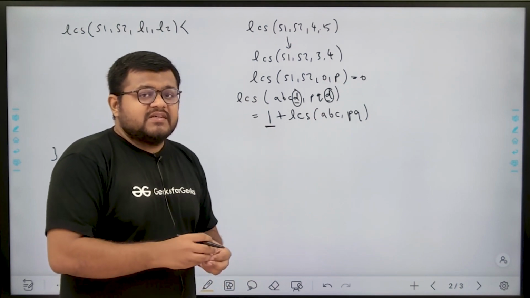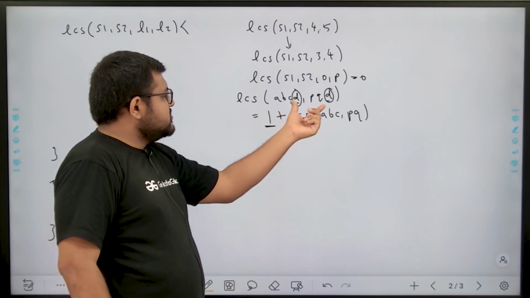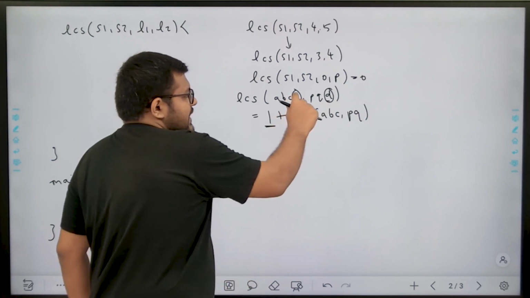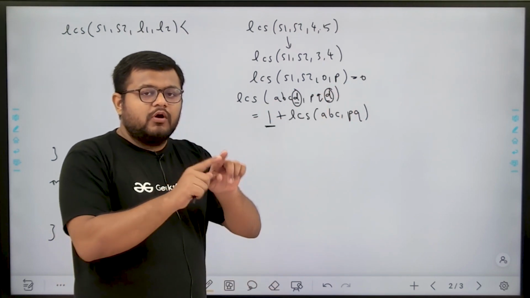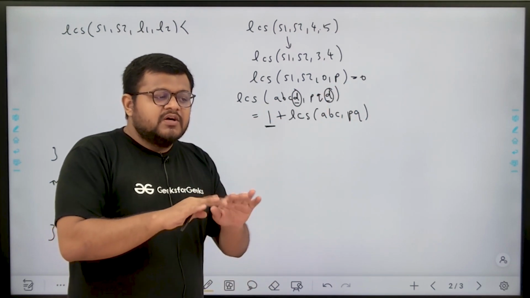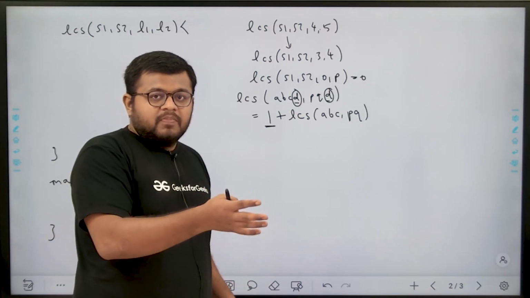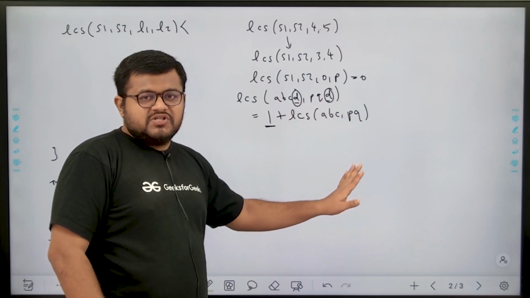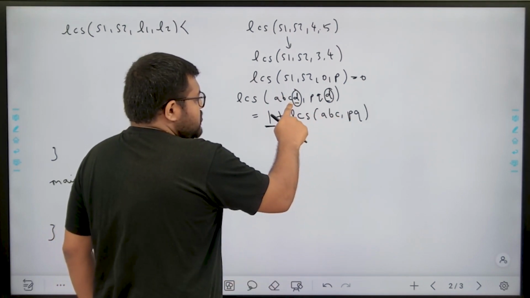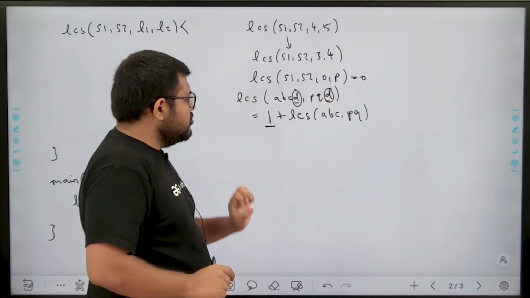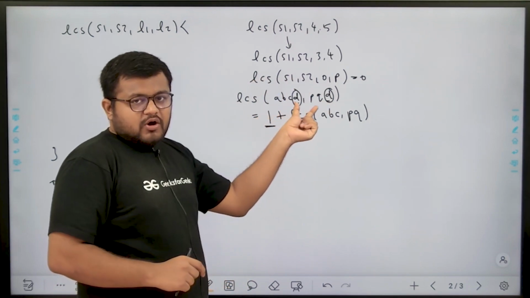There might be cases where, if you have the last characters matching and you do not consider them into your answer, you still get the optimal solution, but you cannot get better. This will always be the best case. Here, if I do not consider D into my answer, I would not get the optimal solution.